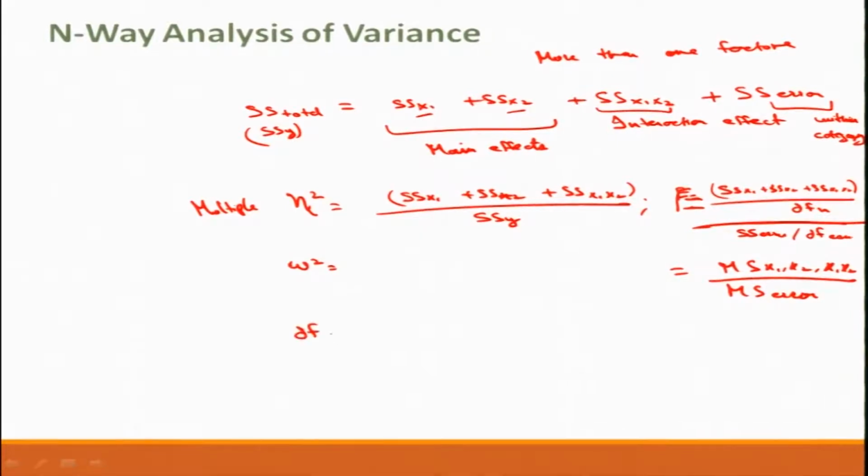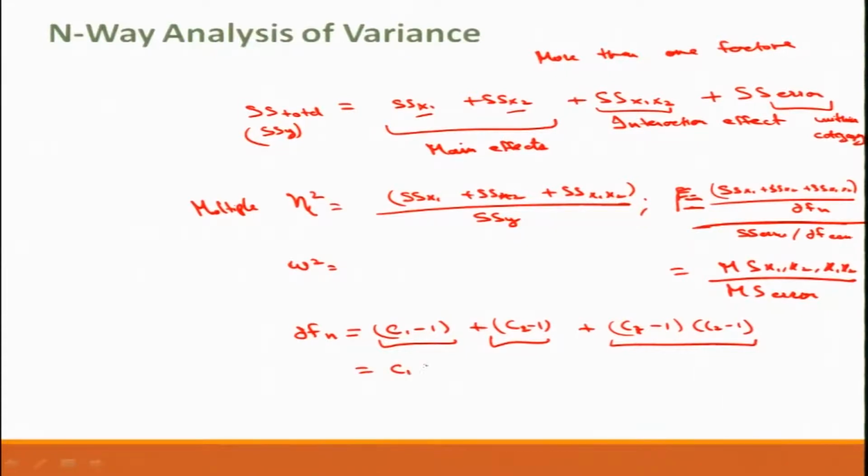So the degrees of freedom for the numerator here would be the degrees of freedom for category 1 plus the degrees of freedom for category 2 plus the combined degrees of freedom for category 1 and category 2. That comes down to C1 C2 minus 1.